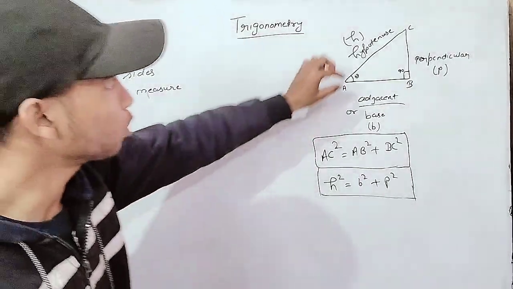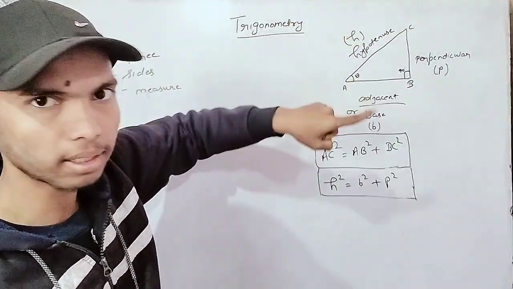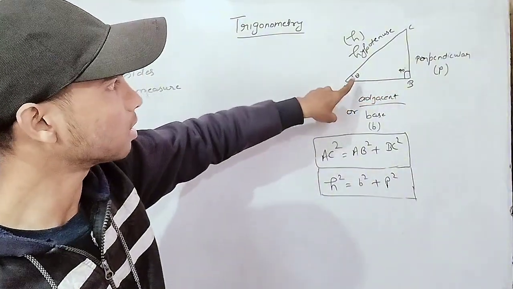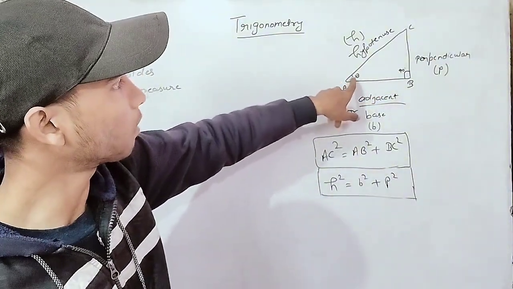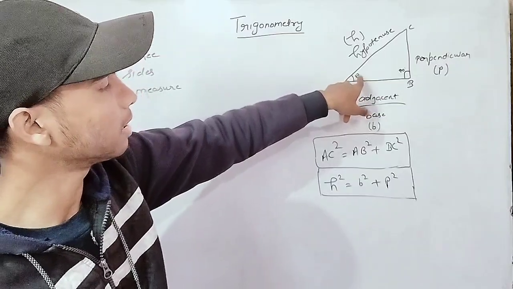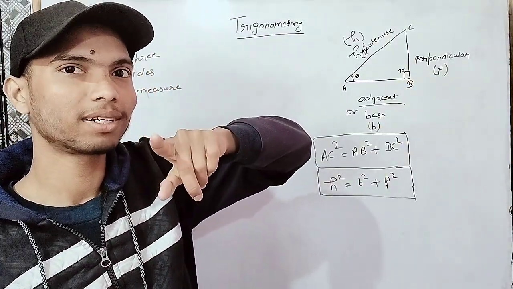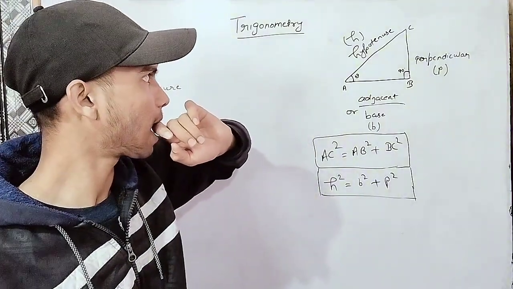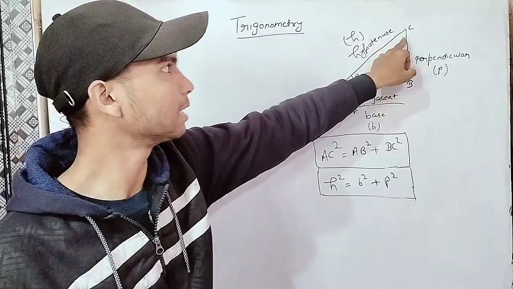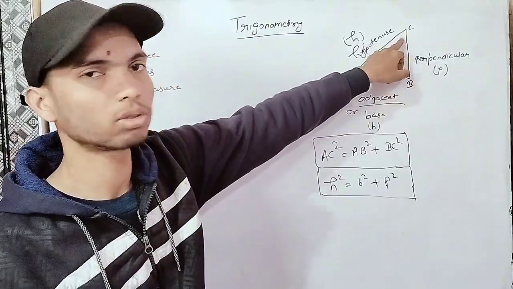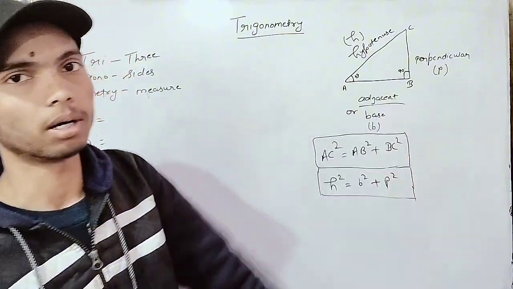If you are taking values of sides from the perspective of this theta, then the side in front of this angle is known as the perpendicular, and this side is known as the base.